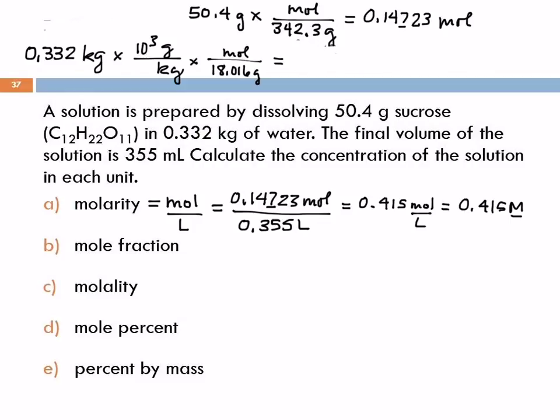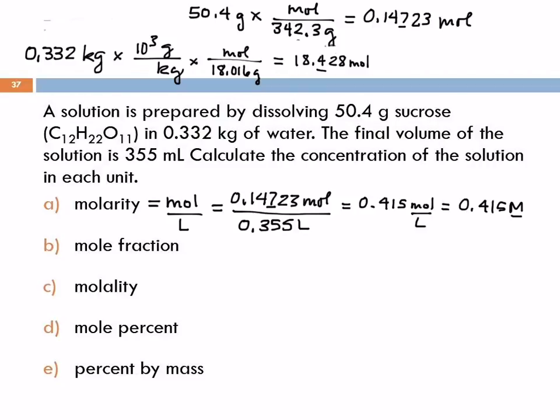So I've got basically 332 divided by 18.016. 18.428 moles. That doesn't seem right somehow. But there, yeah, it is. So there it is. Okay, so that's my moles of solvent.